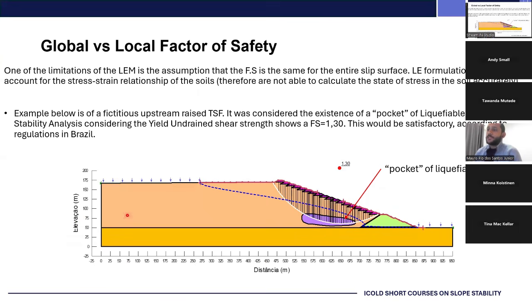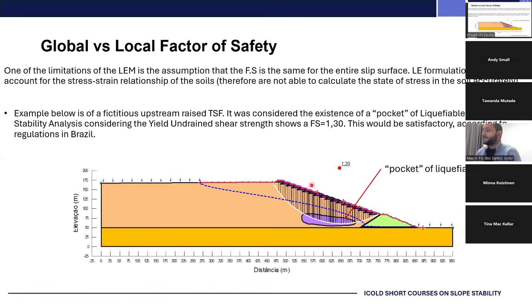Okay, talking about some of the limitations or things you should be aware of when using the limit equilibrium method. One important thing is that if you solve the equations for limit equilibrium, there's an assumption behind it that the factor of safety is the same for the entire slip surface, and that's not the case in reality.